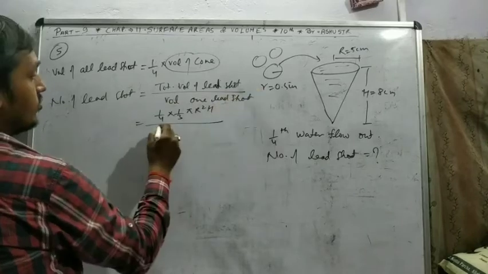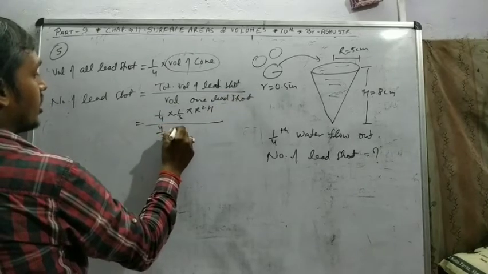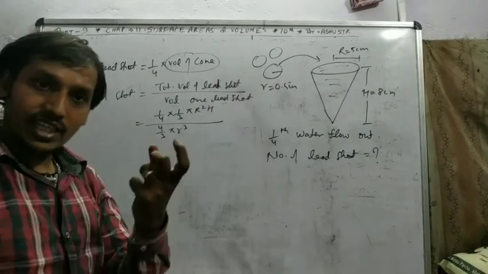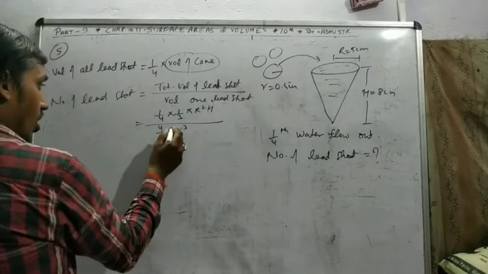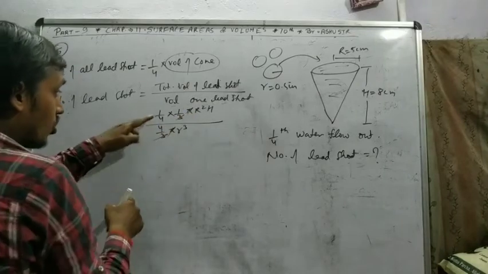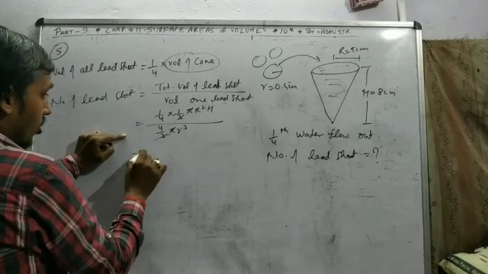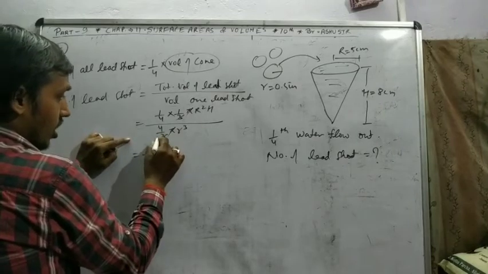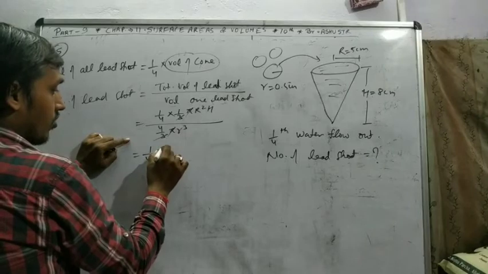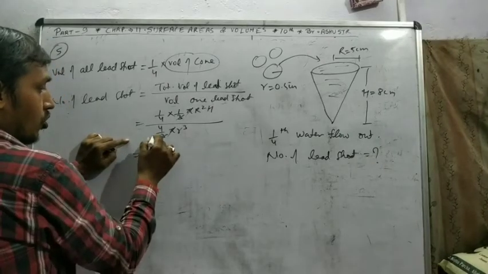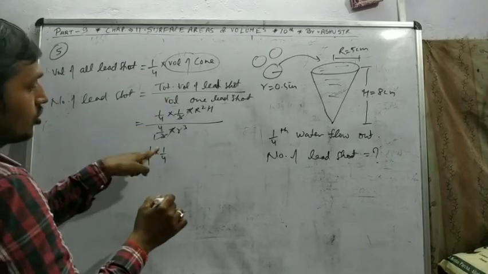One lead shot volume is 4 by 3 pi r cube, because it is the shape of a sphere. 3 cancels, pi cancels, and this is 1 by 4 also, because 4 by 1 is on the opposite side.